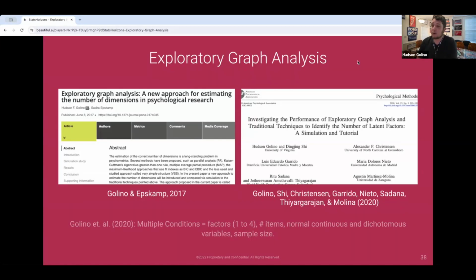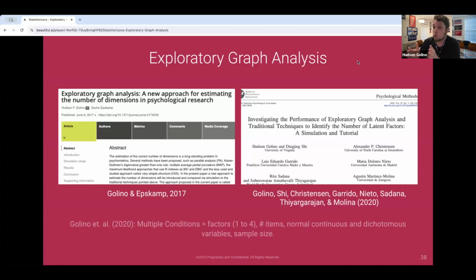A few years later, already working here at the University of Virginia, I hired a postdoctoral researcher, Dr. Luis Garrido, who finished his PhD in Spain, working with Francisco Abad at the Universidad Autónoma de Madrid. And he's an expert in parallel analysis.